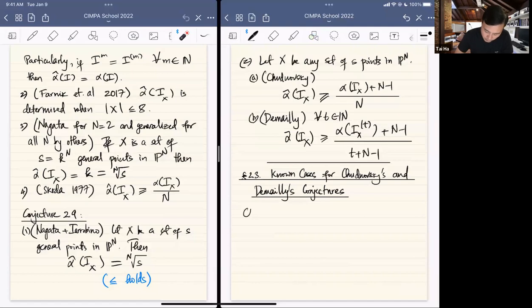Chudnovsky's conjecture is known to hold in the following cases.